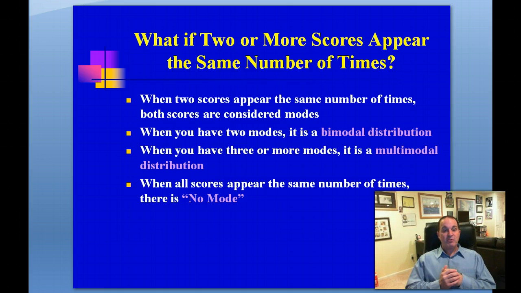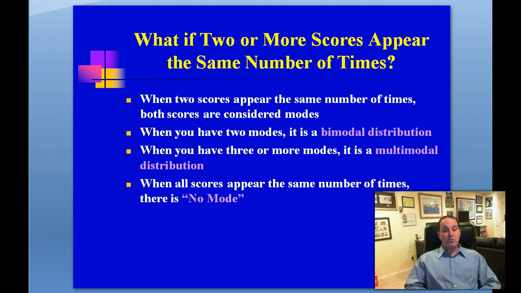So if we had a distribution 8, 10, 8, 10, 14, and 40, 8 would occur twice, 10 would occur twice, the rest would occur once, and therefore we would have 2 modes, 8 and 10, and that is called a bimodal distribution. When you have 3 or more modes, it is called a multimodal distribution. Whether you have 3 modes, 4 modes, whatever it is, it's a multimodal distribution.